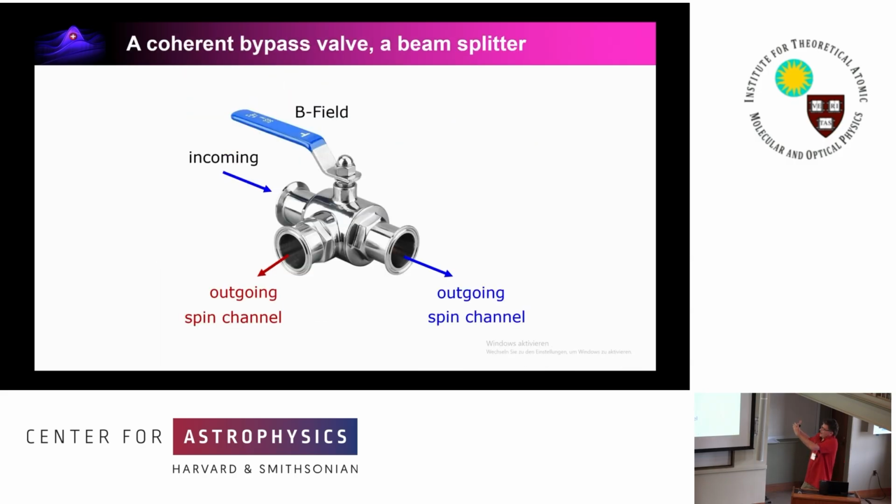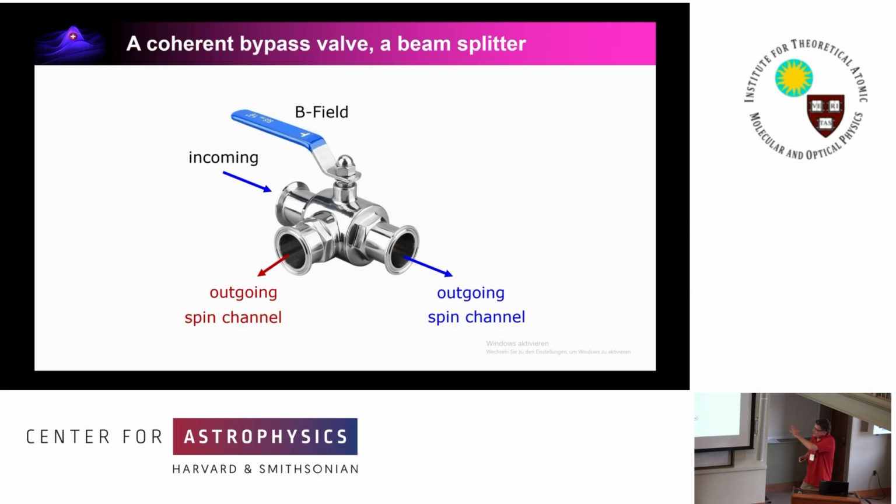So a very simple picture now is that we have this way some bypass valve. So here you have your flux, the reaction flux that comes in, and if you don't do anything, it just goes out this end here. But here you have a lever with a magnetic field, and by turning this, now you can divert a certain fraction of your reaction flux into another channel, another spin channel.